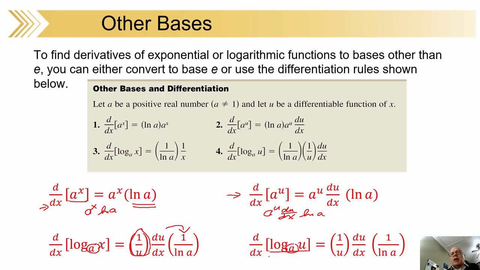When you have these logs, you have to put 1 over the natural logarithm of the base for these last two. That won't happen too often. The vast majority of the cases you'll be using e, and you'll be using the natural logarithm of x.